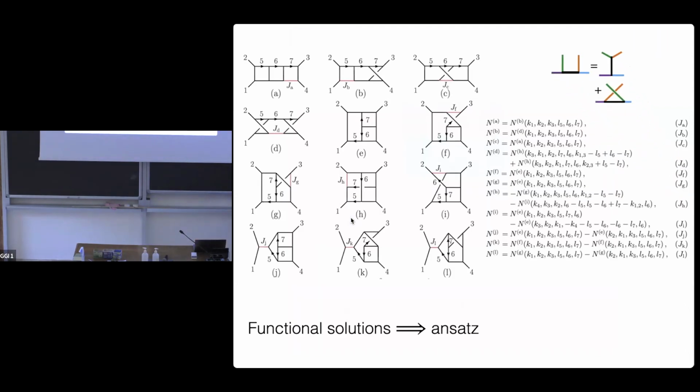But something I should emphasize is these relations at loop level are all functional relations, which means that the only way in general we know how to go after these, because we don't have Feynman rules for most of our gauge theories that manifestly satisfy color kinematics, is by establishing an ansatz.